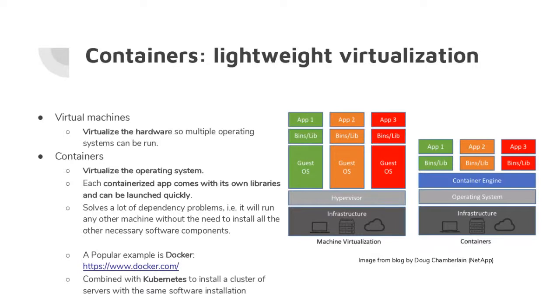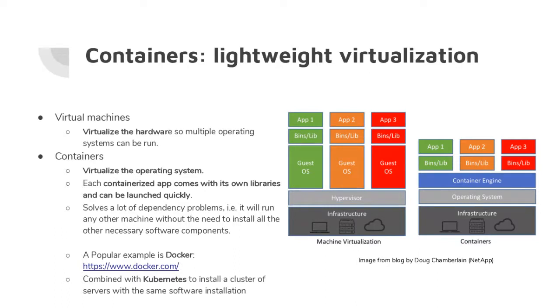So with a virtual machine, you actually virtualize the hardware, so you can install multiple operating systems. But with containers, you virtualize the operating system. We see that in the image here. On the left, you have your virtualization or hypervisor layers and then different operating systems, and each has its own applications installed on it.